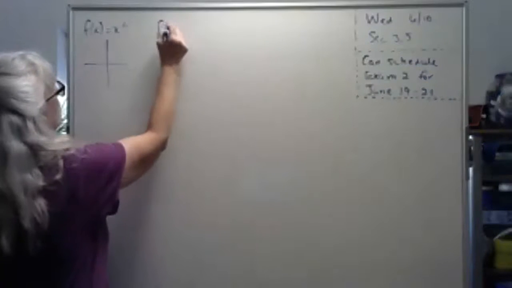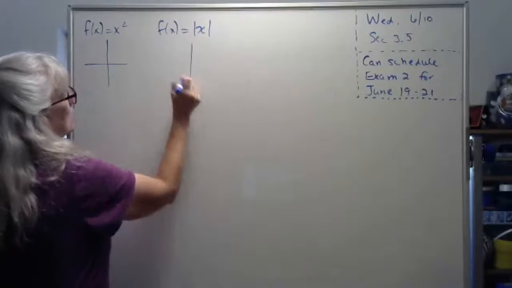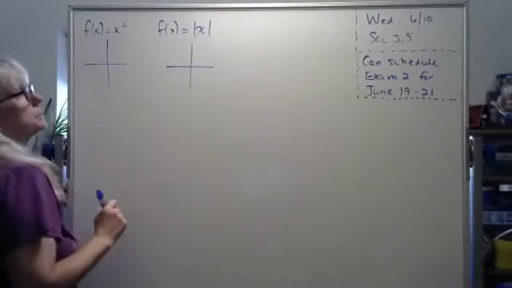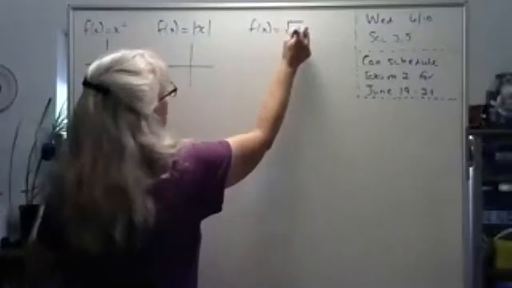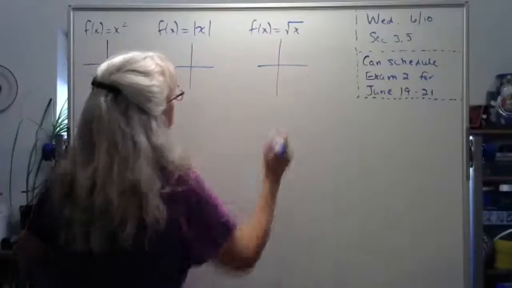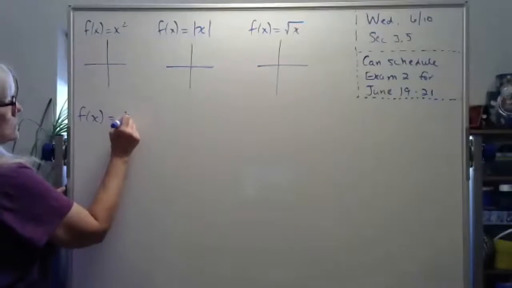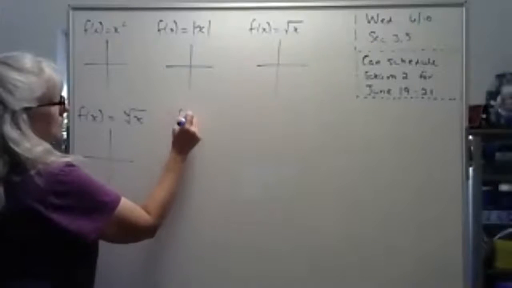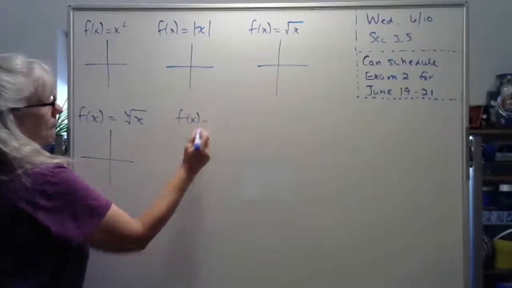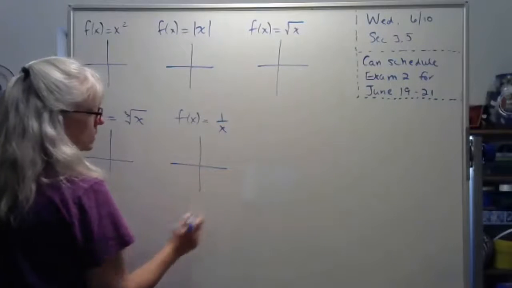And then we'll do f of x is equal to the absolute value of x. Graph that one out really quick. We'll do f of x is equal to the square root of x. The next one we'll do is the cube root of x. f of x is equal to 1 over x, the reciprocal function.